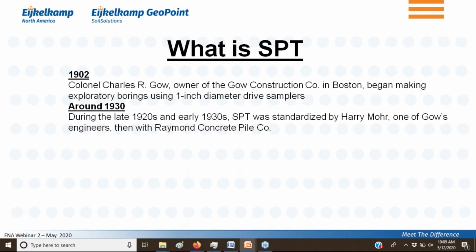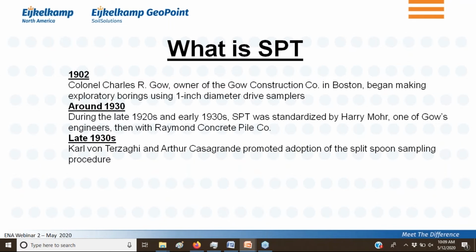Then in the 1930s, the dimensions of the sampler were standardized by Harry Moore, and it really was not all that popular until the late 1930s, when Karl von Terzaghi and Arthur Casagrande, two legends in the geotechnical world, both from Austria, who had moved to the United States early in their career, promoted the adoption of this split spoon sampling procedure. And because those two legends said you should start using it, it became very popular.